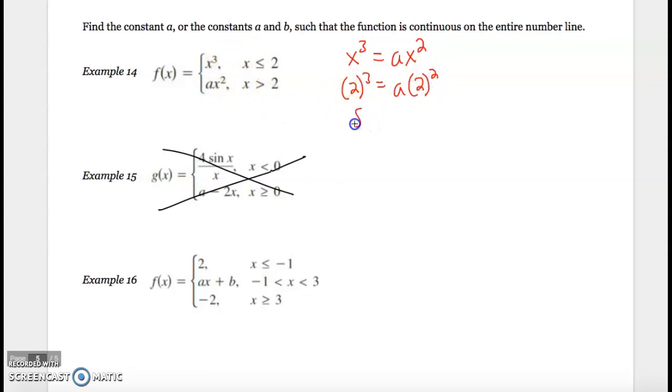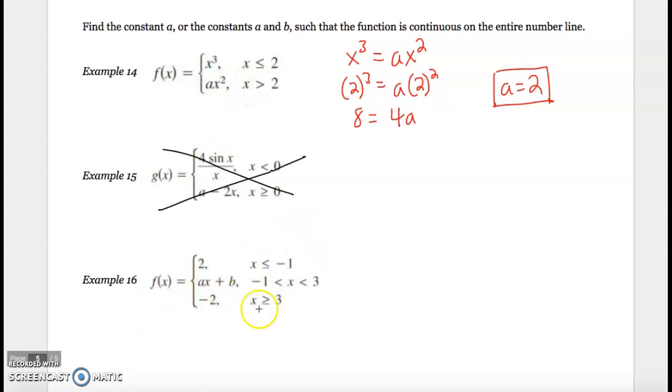If I plug in 2, I get 8 equals 4a, which means that a would have to be 2 in order for this function to be continuous. And then you can test it afterwards. If I actually find f of 2, I would get 8. My left-hand limit would also be 8. My right-hand limit, if a is 2, is also 8. And so then everything would be equal and your function would be continuous.